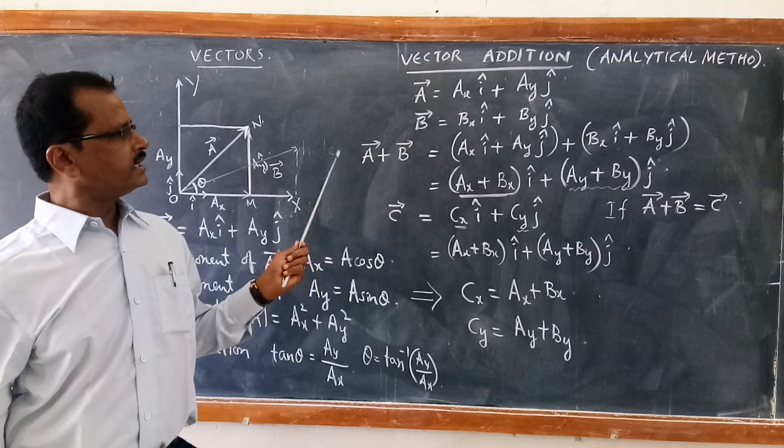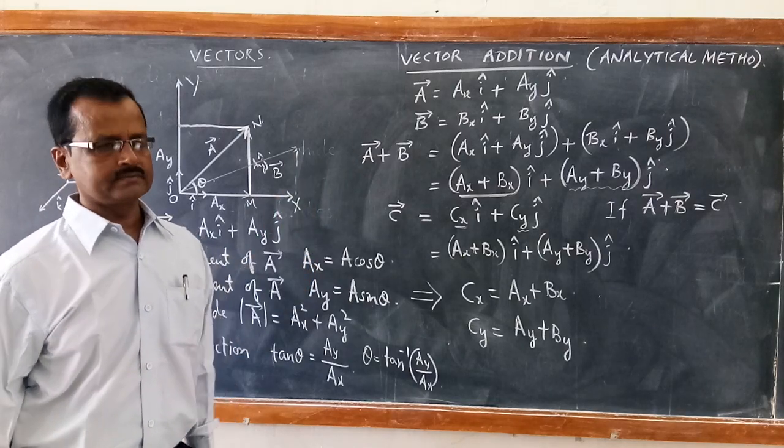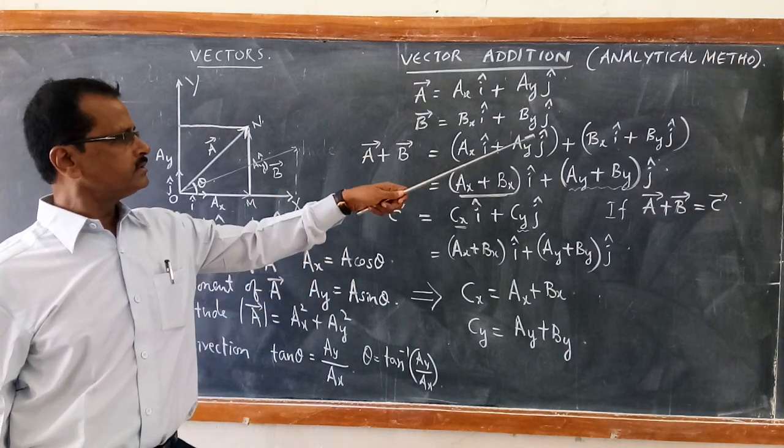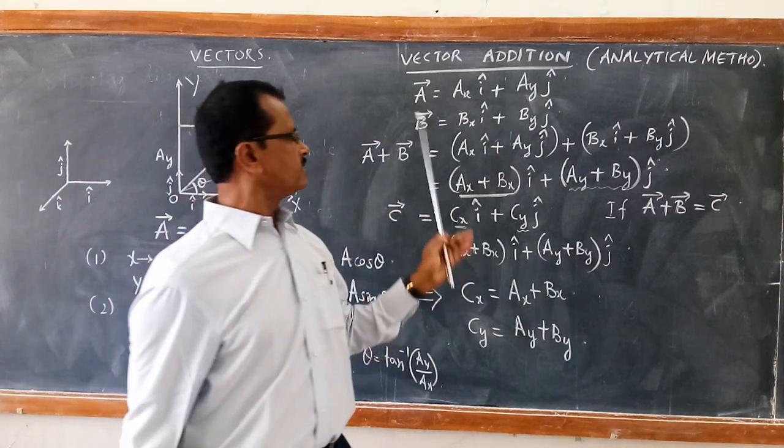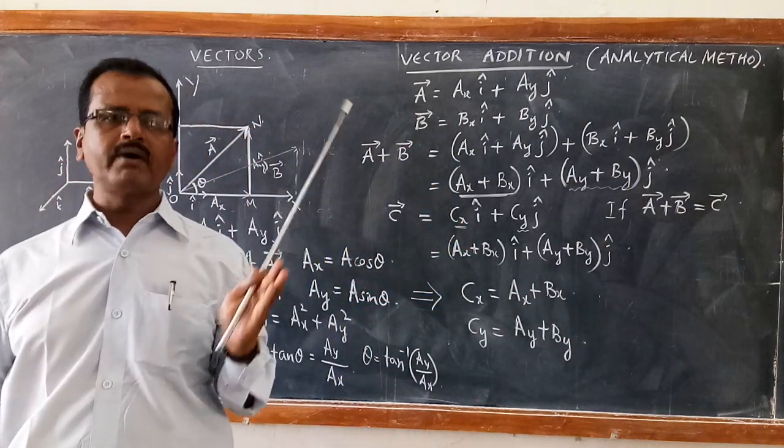Even if there is a subtraction of a vector, suppose there is another vector D given by dx i plus dy j.